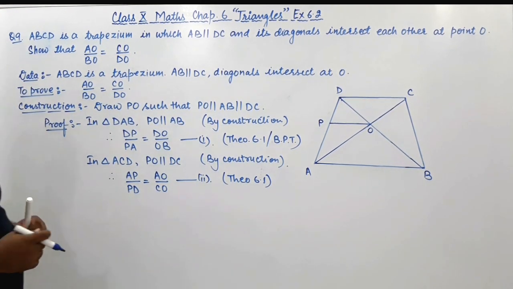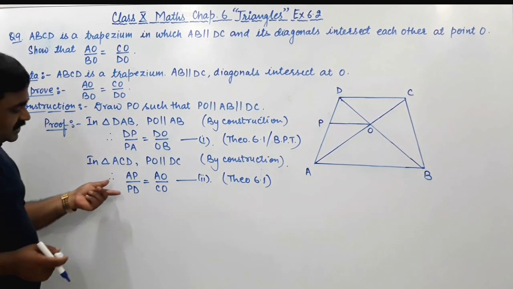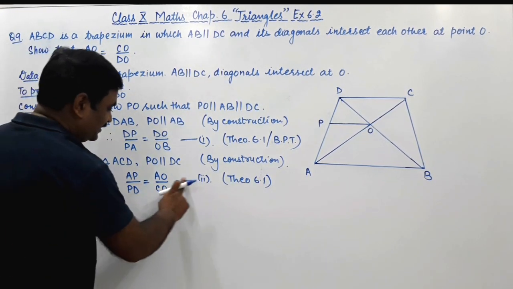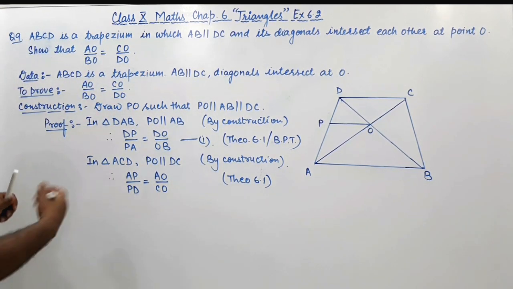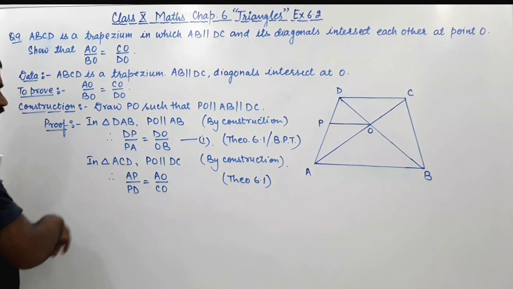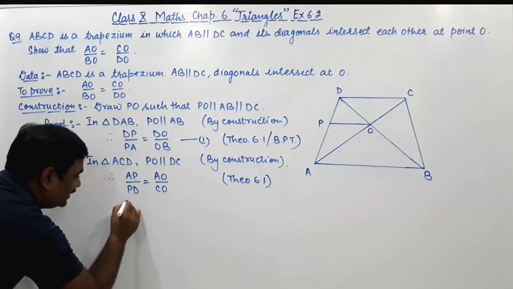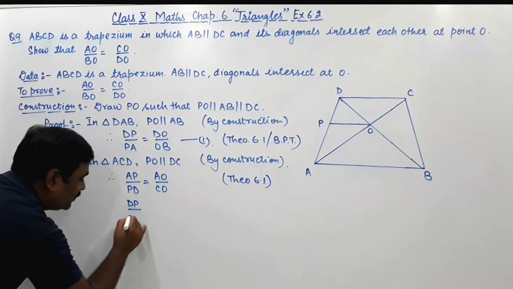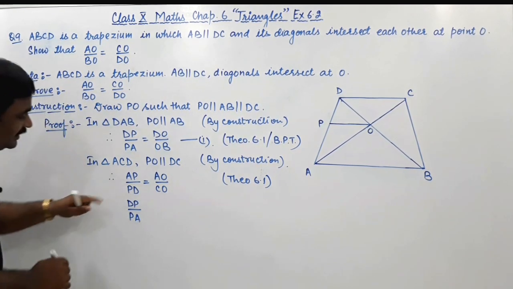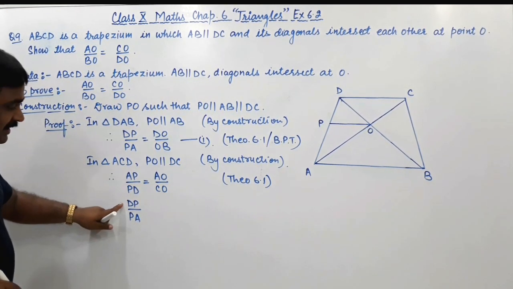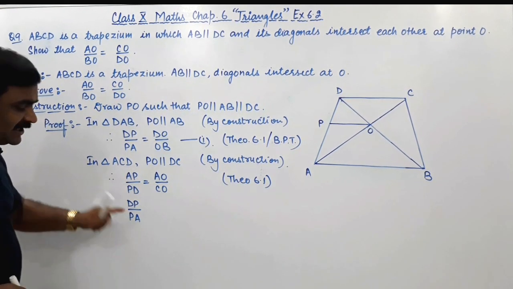Clear हुआ? चलो. Now you just see this equation number 2. इसको इन्वर्ट कर देते हैं ज़रा. इसको जब इन्वर्ट करेंगे सो वी विल गेट DP upon PA. This PD can be written as DP and this AP can be written as PA.